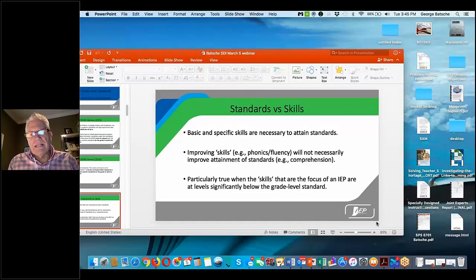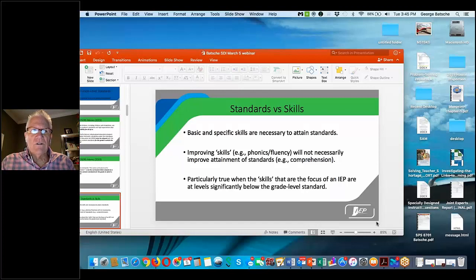So the minute that we are, for example, writing a fluency skill in an IEP for a student in 6th grade, without also including how that student is going to have access to content to develop comprehension skills, then that IEP would be pretty faulty.